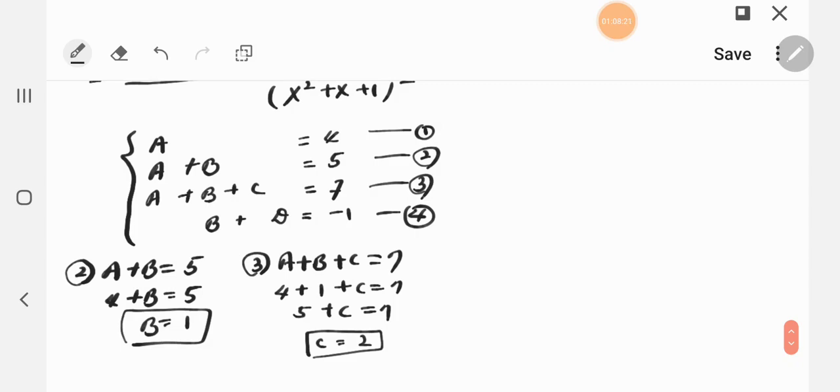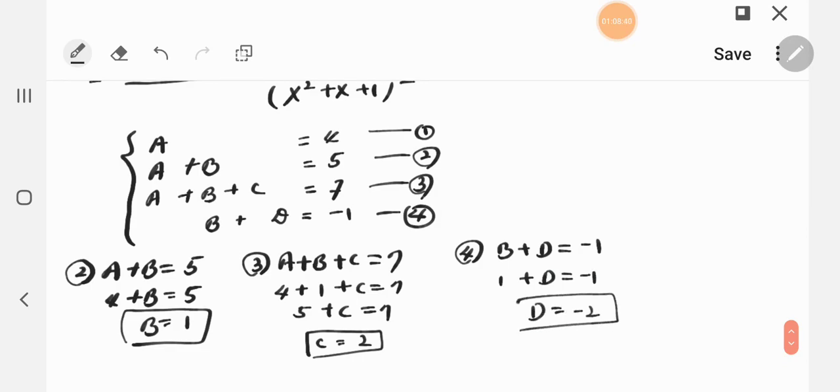From equation 4, b plus d is equal to negative 1. B is 1, so d equals negative 2. All right, a is 4, and we found all the values of a, b, c, and d.